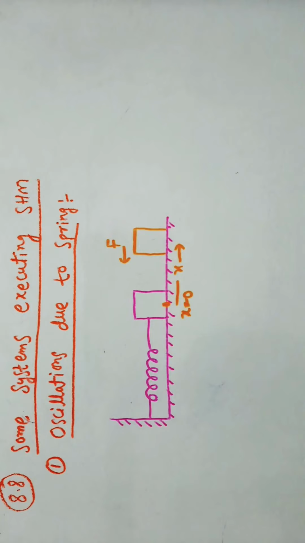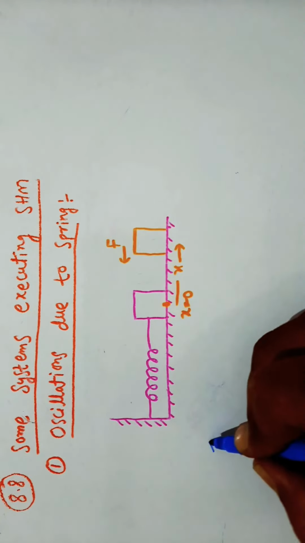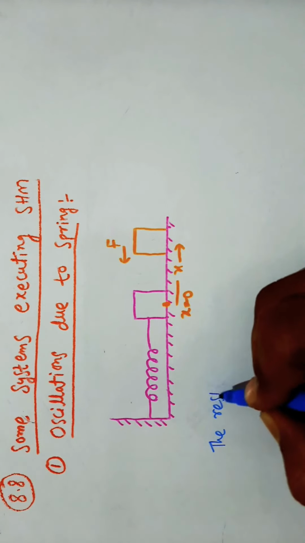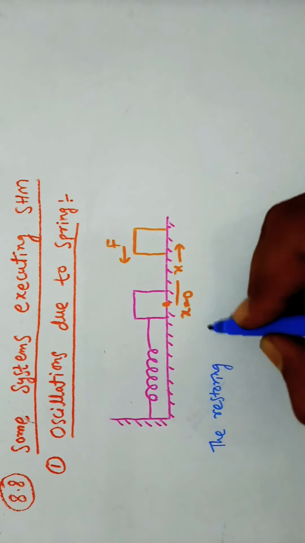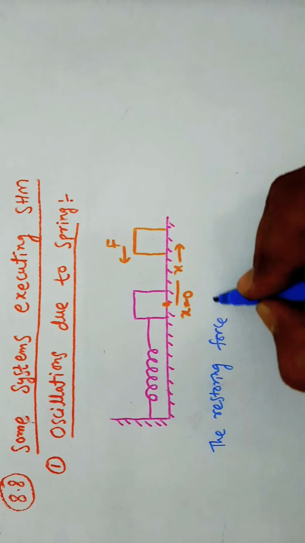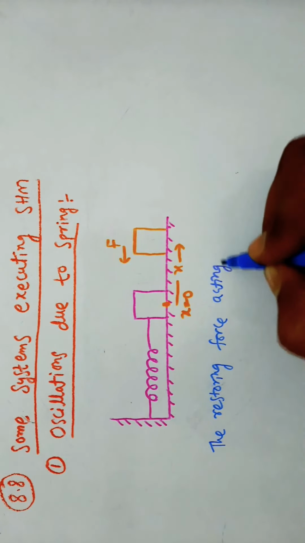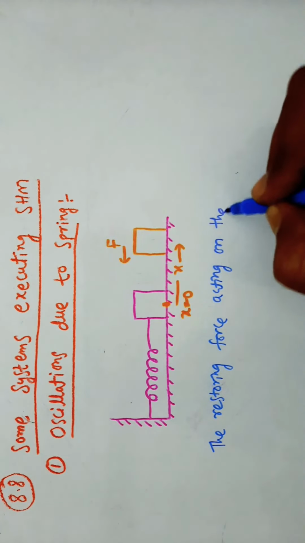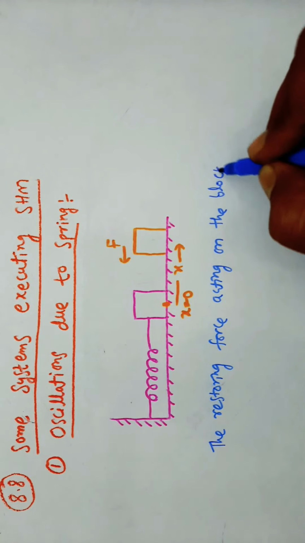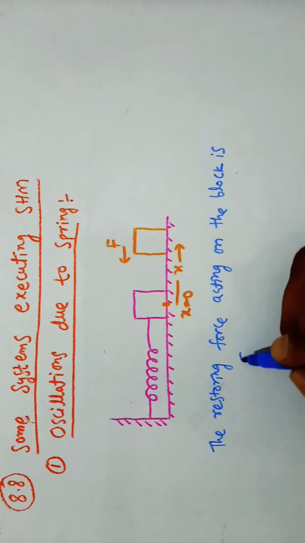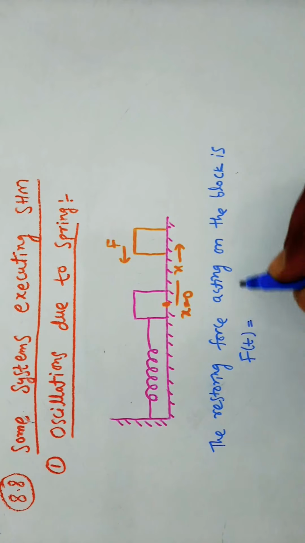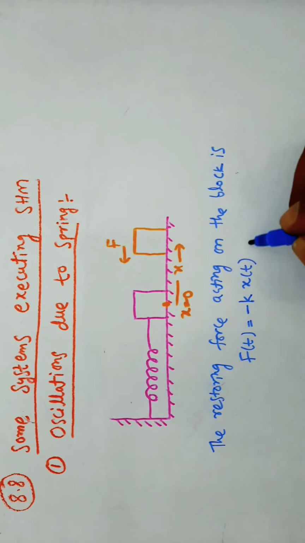So the restoring force acting on the block is F(t) equals, how can we write, minus k into x(t). Let us take this as equation 1.